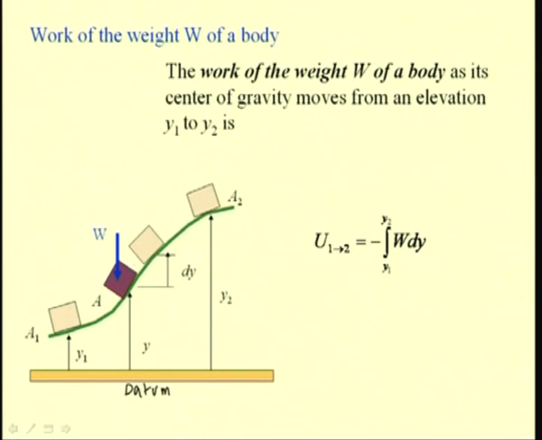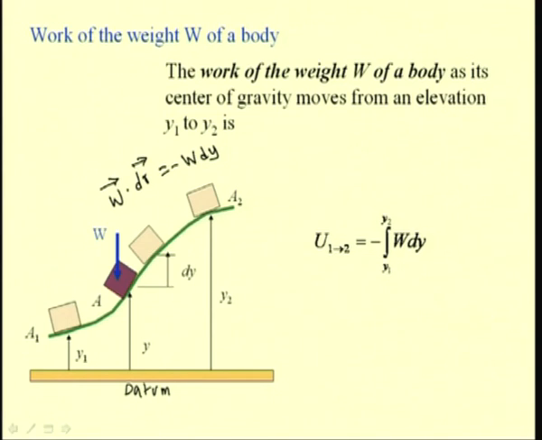The work done, which is W vector dot dr, is nothing but minus W dy, because these two vectors are in opposite directions. W is in the downward direction and the displacement vector dr, in this case dy, is in the upward direction. So, we have this negative sign because of the opposite sense of these two vectors.